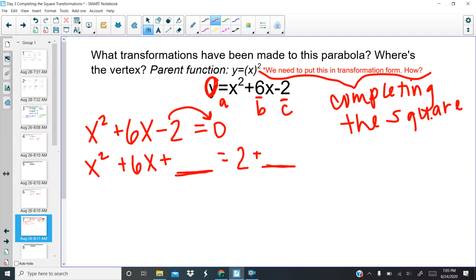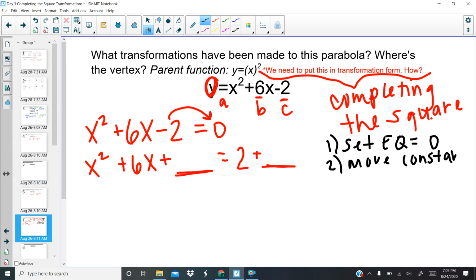So I'm going to try to write some notes over here as we go. So the first thing we did was set the equation equal to 0. The second thing we did was move the constant and leave a blank.